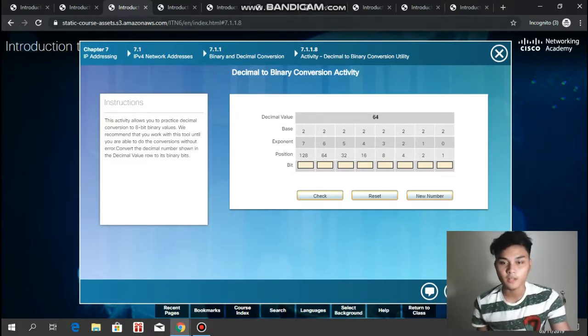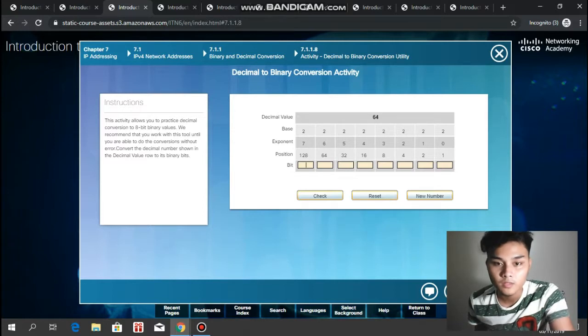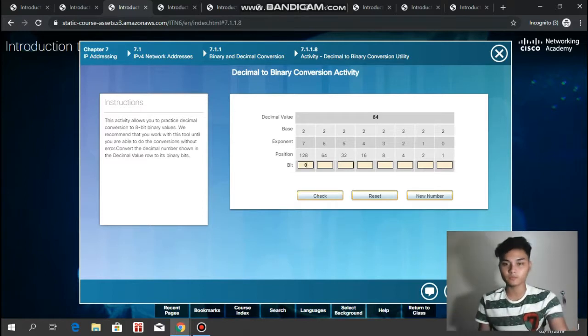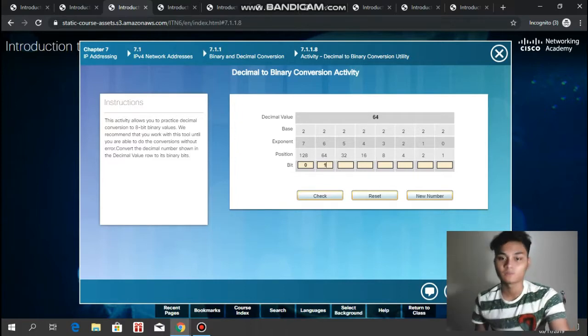So 64 is less than 128, so we have to answer 0. So 64 is greater than or equal to 64, so we have to put 1.